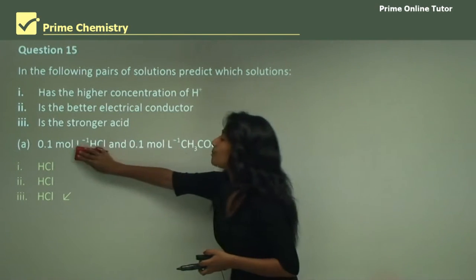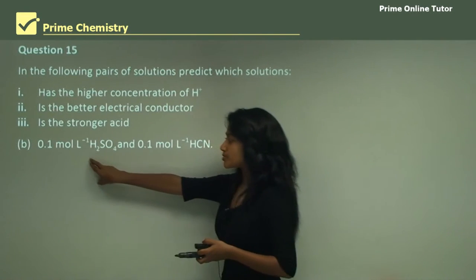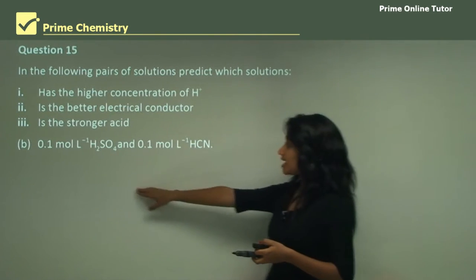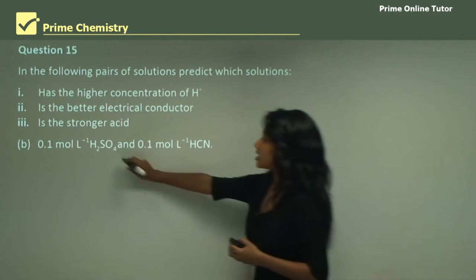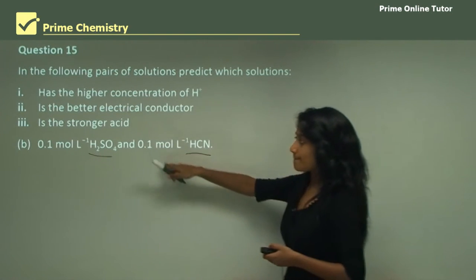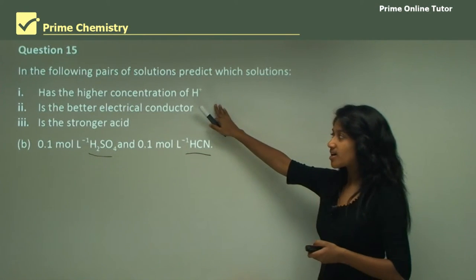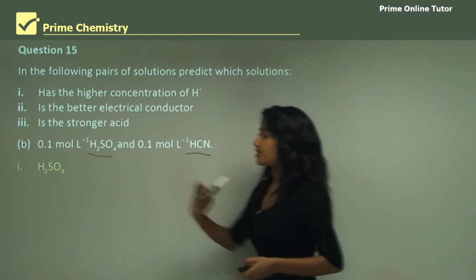Now, moving on to part B. Part B says 0.1 moles per liter of sulfuric acid and 0.1 moles per liter of HCN. So here are our two acids, and again we are going to compare them. One has a higher concentration of H+. Again we get sulfuric acid.